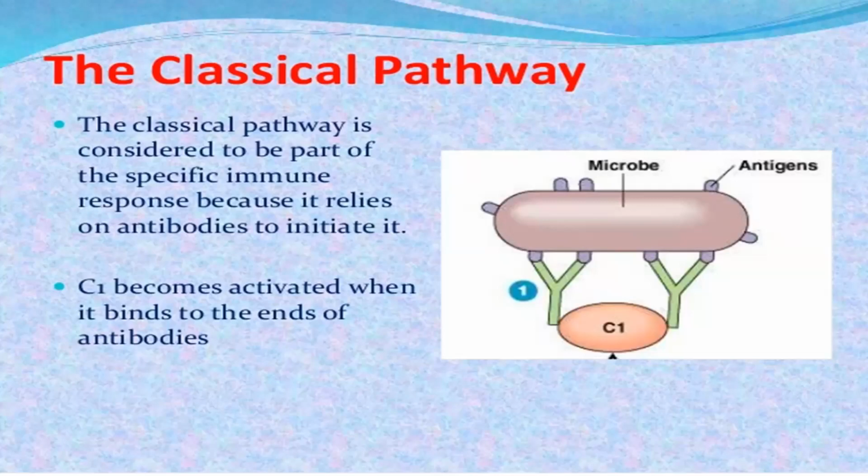This is the C1 complement protein, and this is the microbe, whose cell wall contains antigens on its surface. The IgG antibodies come in contact with these antigens. They bind together with the antigen, and the reaction takes place. The activation of the classical pathway will take place.